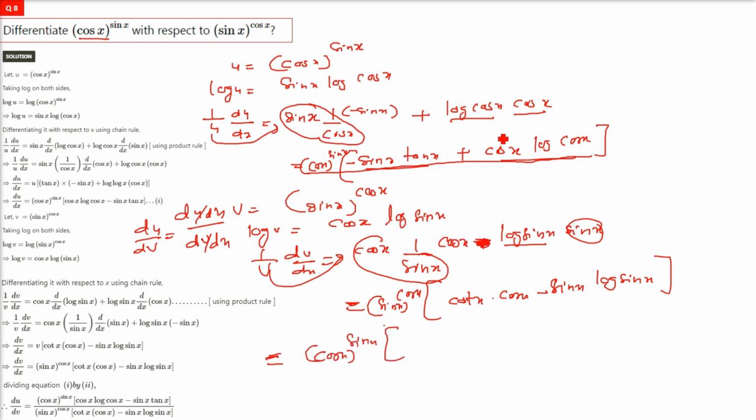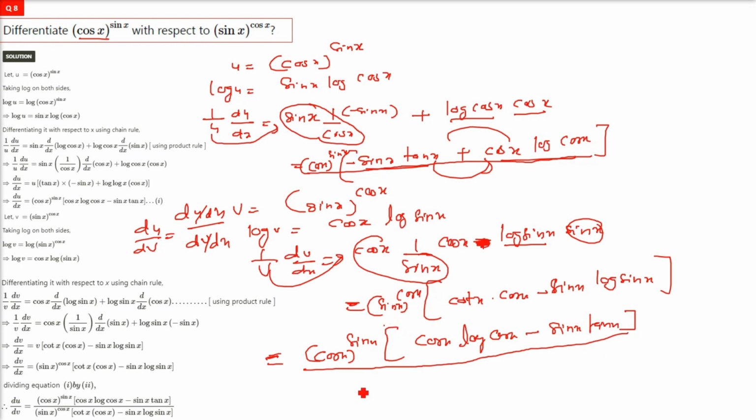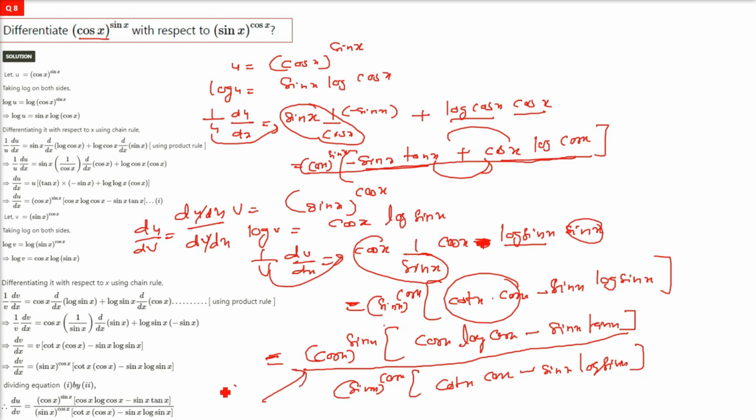So cos x raised sin x, here you'll get cos x log cos x minus sin x tan x, and divided by this one, sin x raised cos x, and then we have cot x cos x minus sin x log sin x. Alright. So this is your answer. This is the same thing. So this is more like the previous questions we have already done.